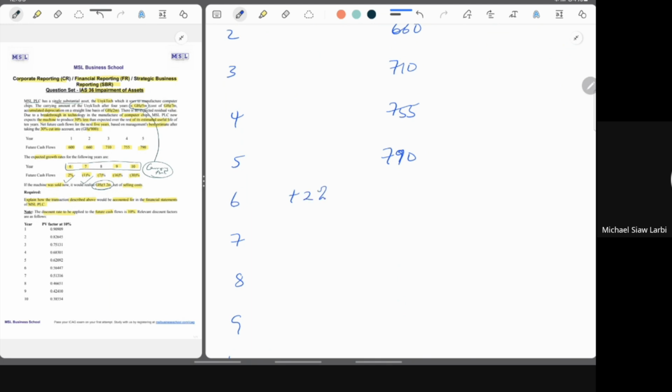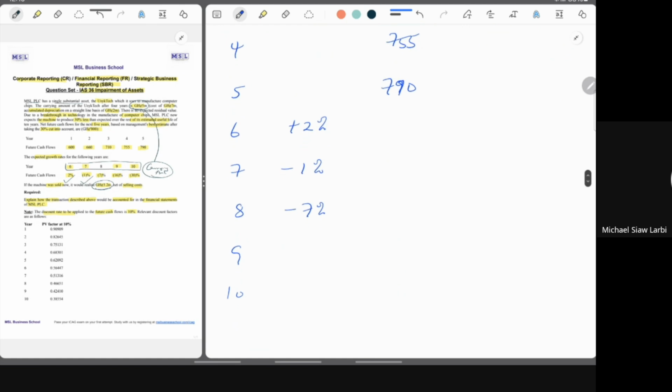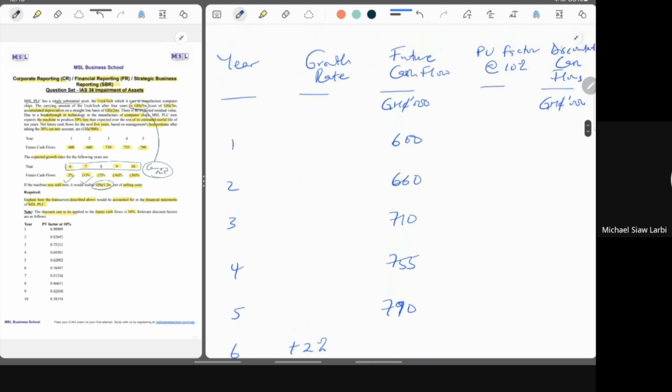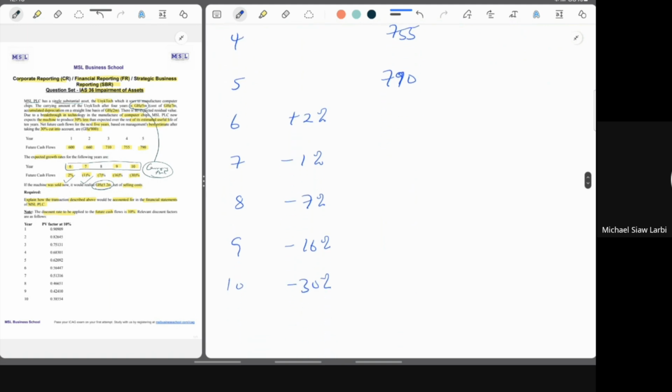In year 7, we expect to fall by 1%, so minus 1%. Year 8, we expect to fall by 7%, so minus 7%. Year 9, we expect to fall by 16%. And year 10 will fall by 30%. So what we are going to do is to grow or reduce our cash flows based on these estimates. Are we good?